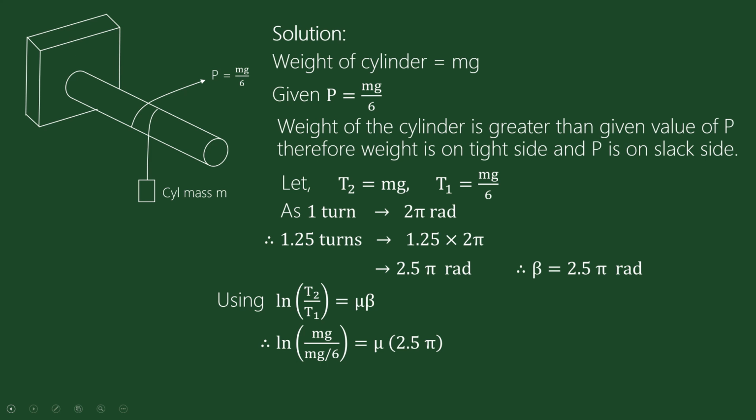You can shift 2.5 pi to the other side and find the value of mu. So, we get after calculation the value of mu as 0.2281. Again, it is better to write down the answer in 4 decimals.